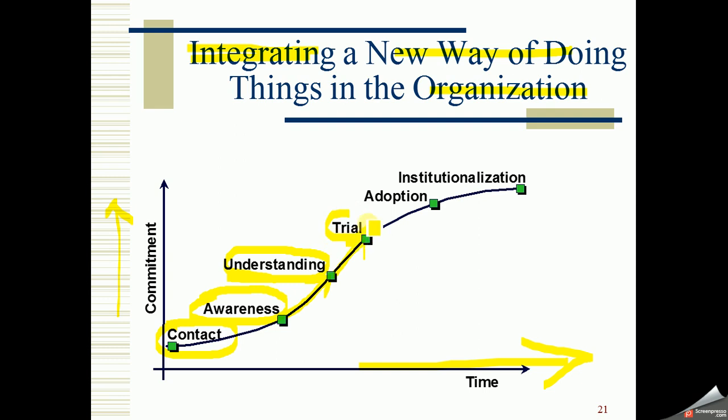So now the people will do a trial, and if the trial is successful, then they will adopt this new way, and after some time it will become institutionalized. It will become a part of the behavior of the people, right? So this is a very general framework of introducing any new process, any new scheme of doing things.